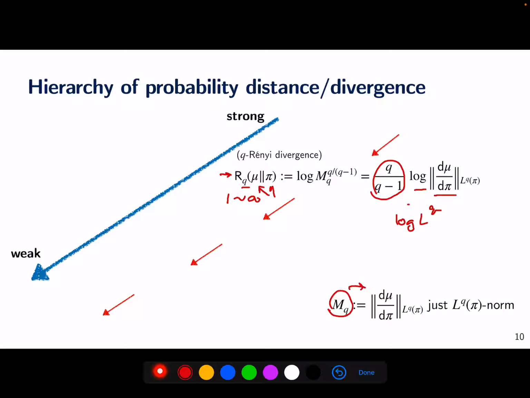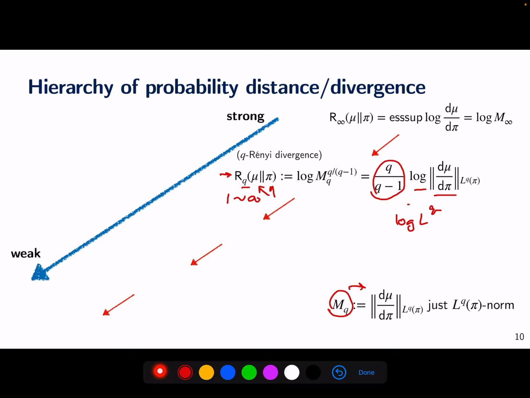Okay, and a well-known property of Rényi-q divergence is that it's increasing in the Rényi parameter q. So Rényi-q is bounded by Rényi-infinity, and even if Rényi-q is finite, Rényi-infinity could be infinite.